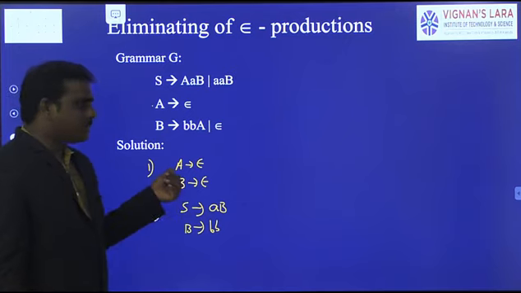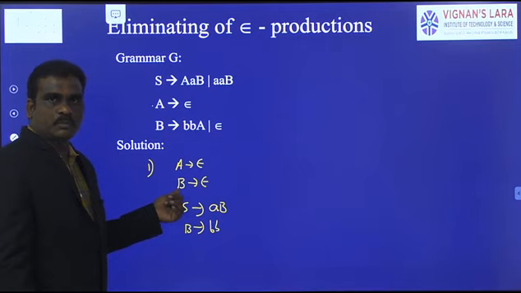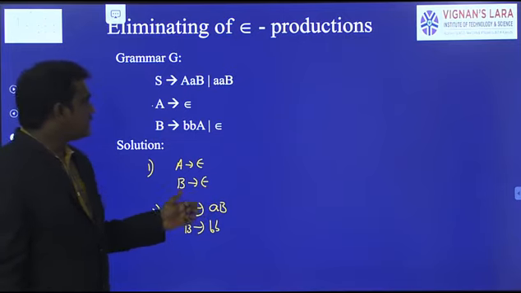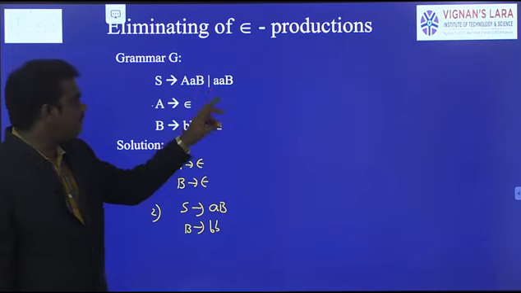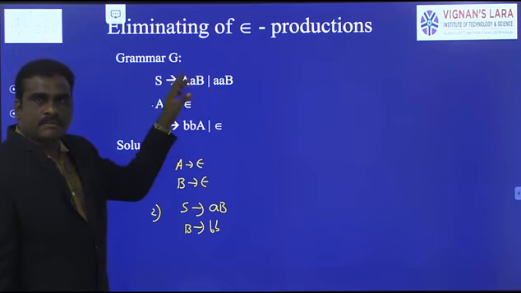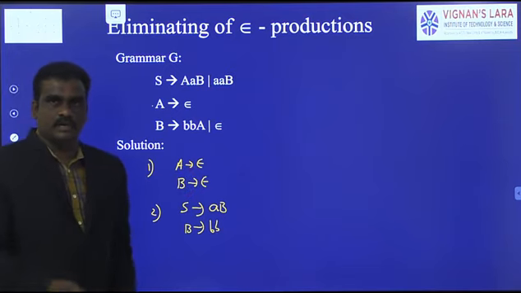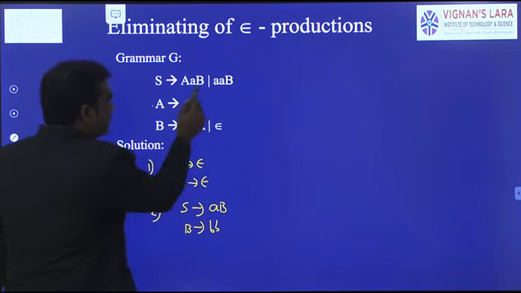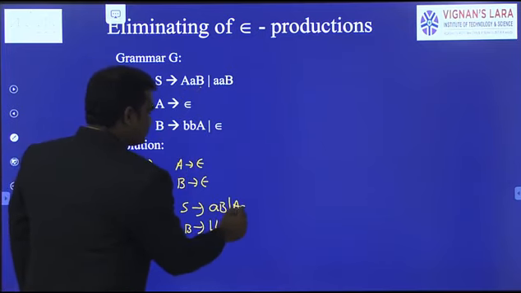So till now we completed A to epsilon. Now I want to perform the nullable production B to epsilon. Same approach: on the production right hand side we concentrate on the symbol B. Whenever B is encountered, it is replaced with epsilon. Then we will get a new set of productions. So the first one, B is replaced with epsilon, then S to AA.